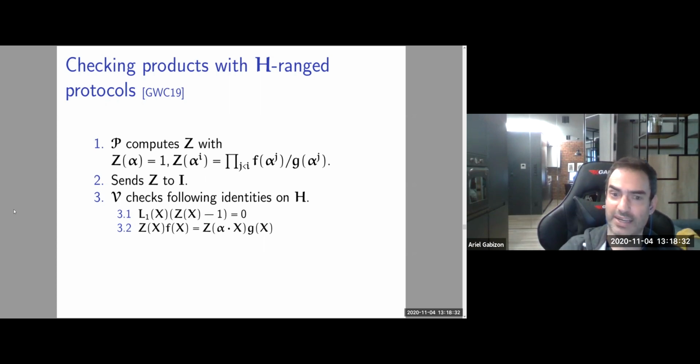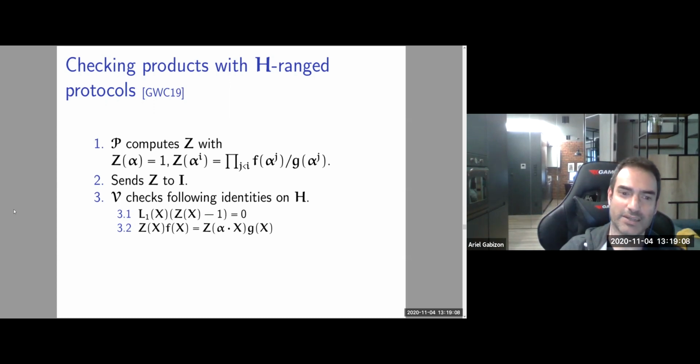So this first identity, L1 times (z minus 1) equals 0. That being 0 on all of h is exactly equivalent to z of alpha equals 1. So this first check exactly checks that z starts at 1.